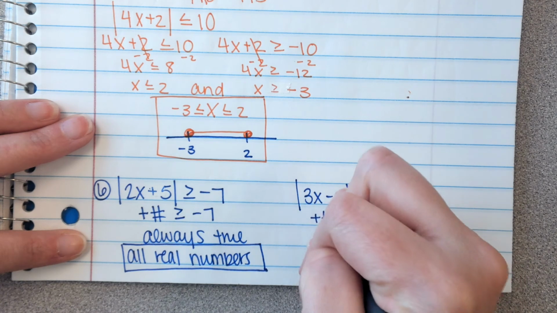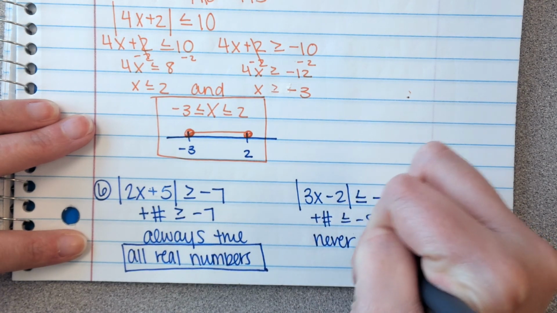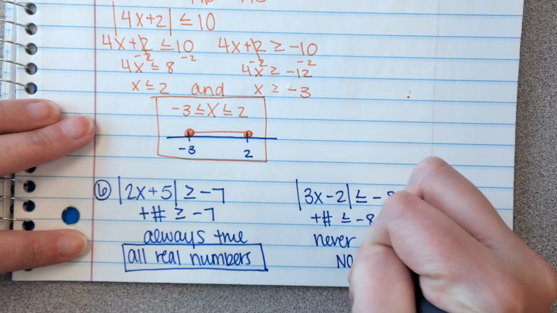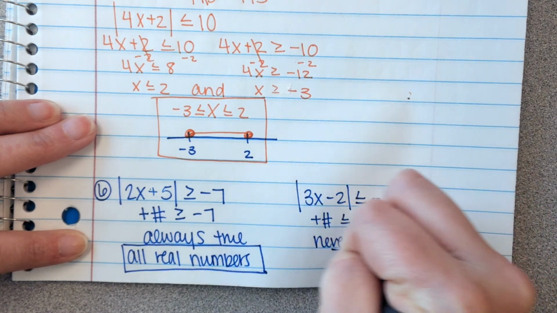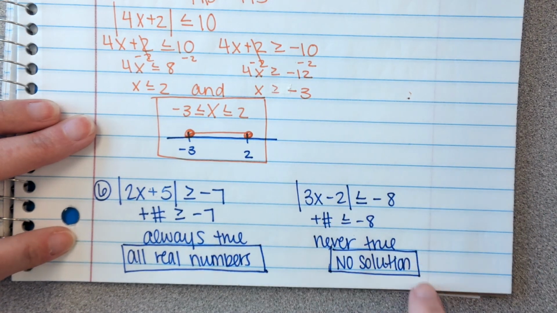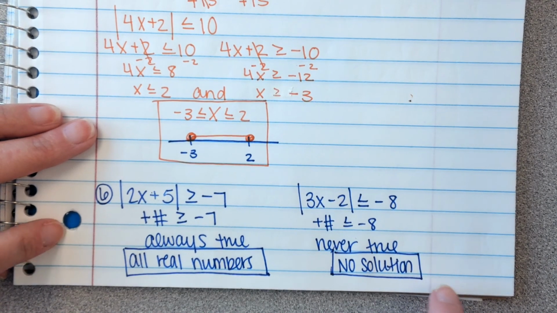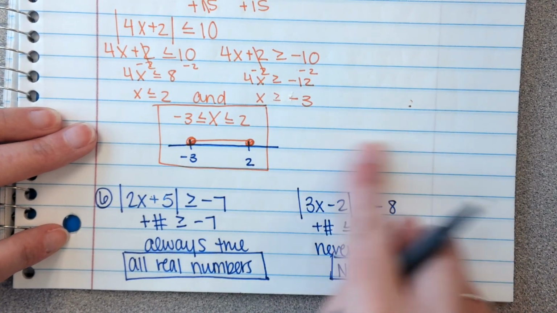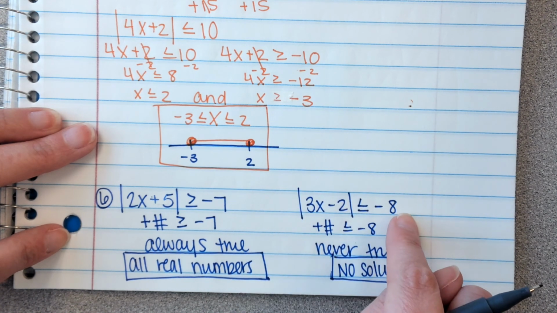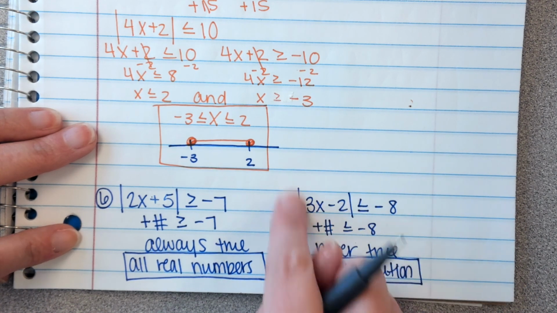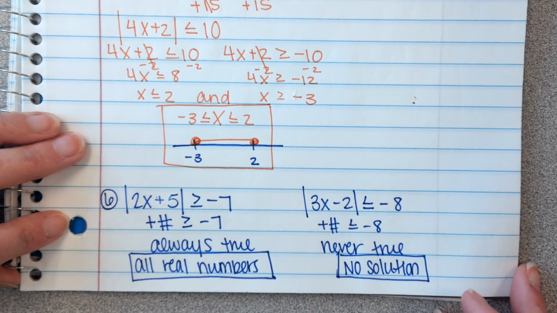No, that's never true. So that would be no solution. I don't think you have any like that in your homework, but it's worth noting. An absolute value is never going to be less than or equal to a negative number, because absolute value is going to be a positive number.